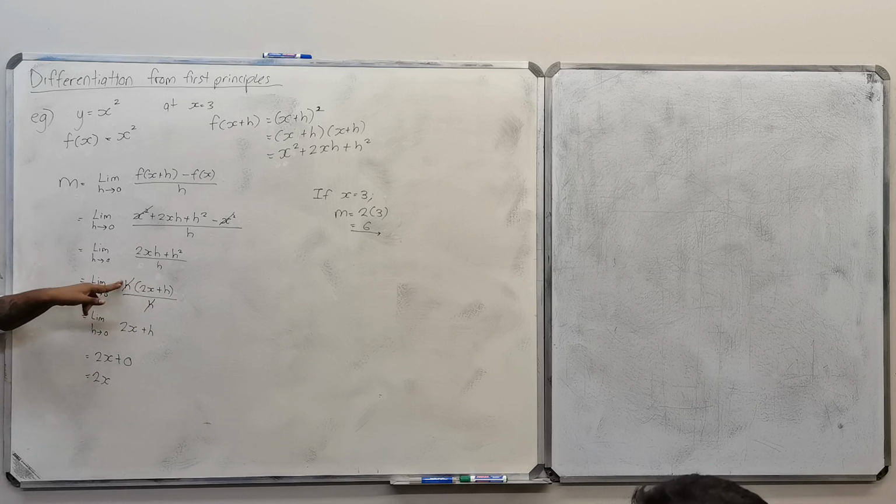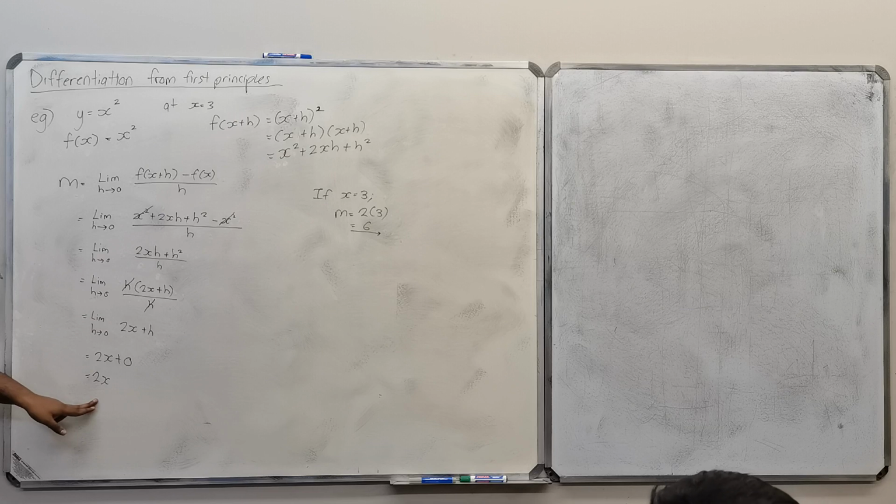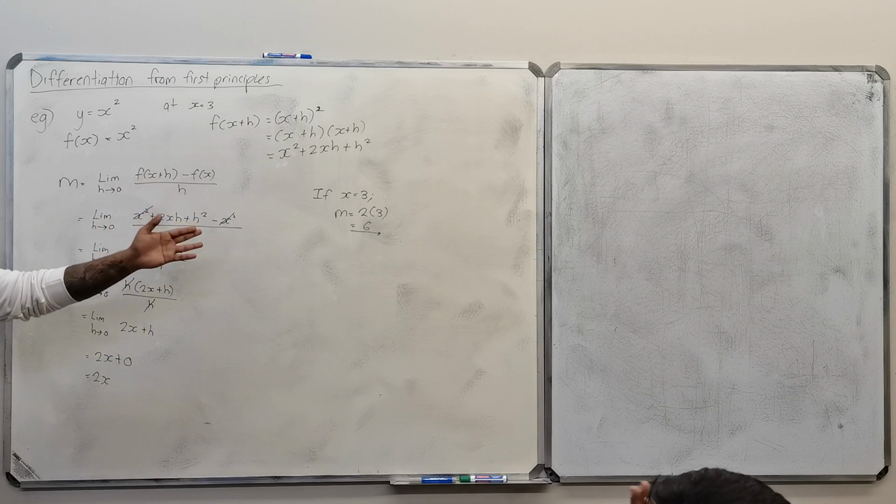That and that would cancel. I'm left with this. So I took the limit, and because h approaches 0, wherever I have h, I substitute the value of 0. So I was left with this. So that's your gradient formula, 2x. And because they asked what is the gradient at 3, I substituted 3 for the value.